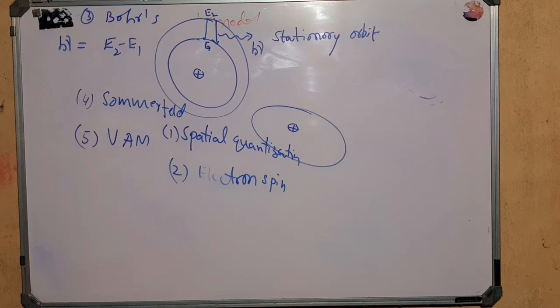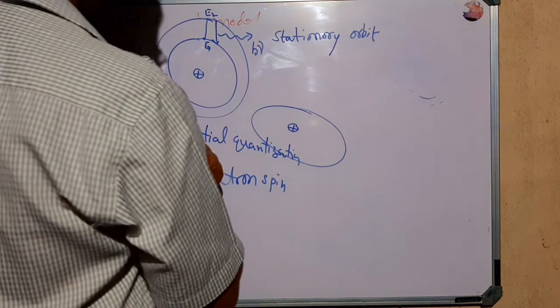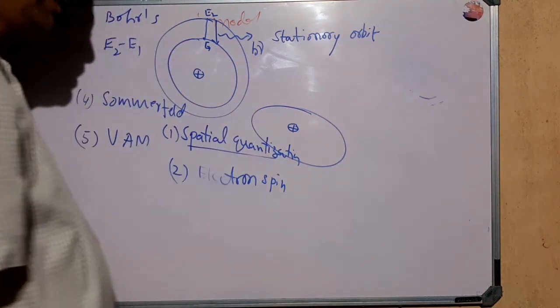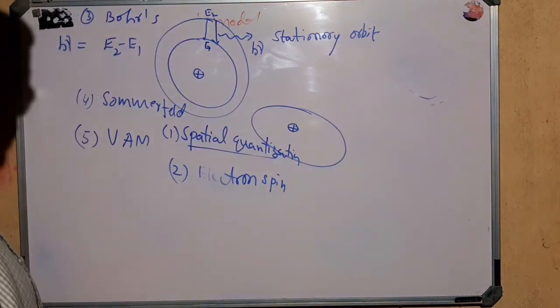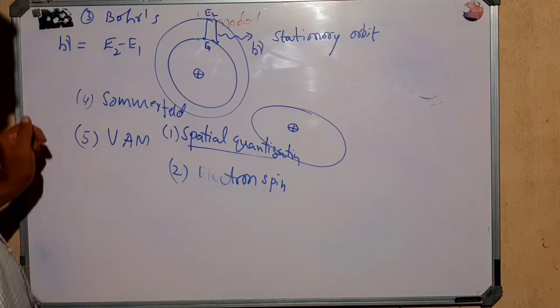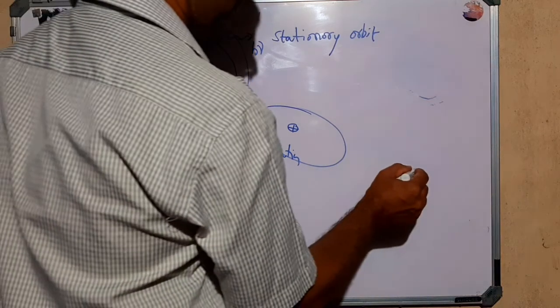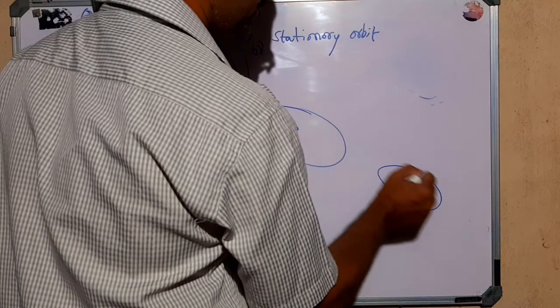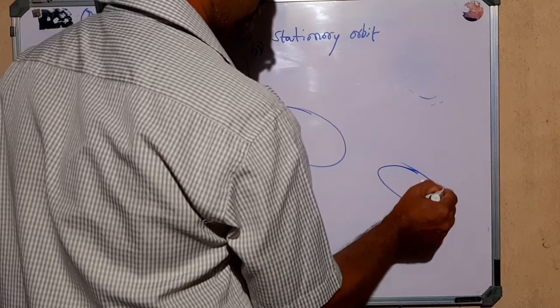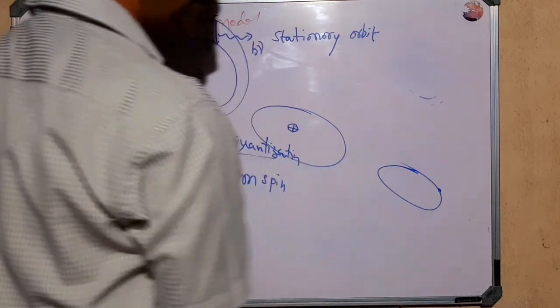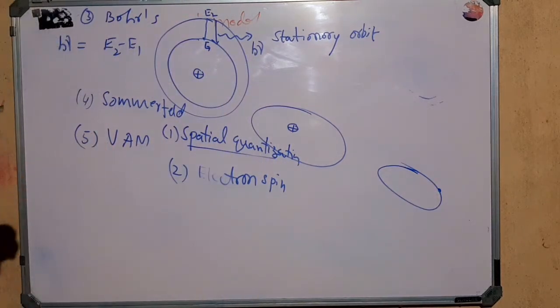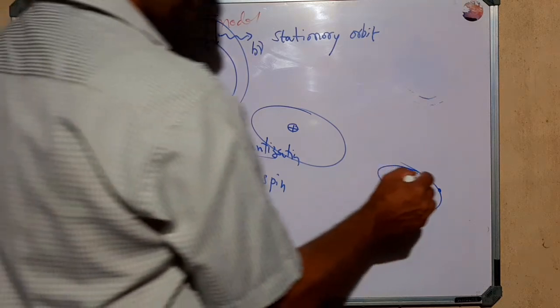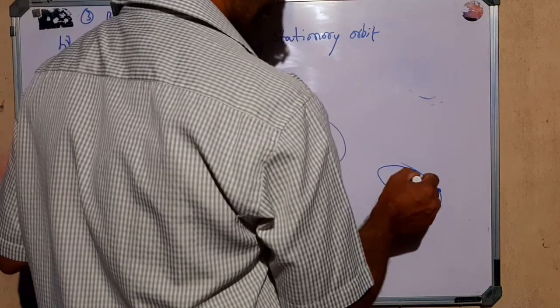So what is this spatial quantization? Just a very brief discussion. See, electrons are revolving around the nucleus. Now, the momentum associated with the revolving electron is nothing but angular momentum.